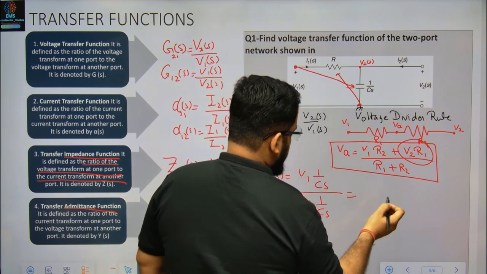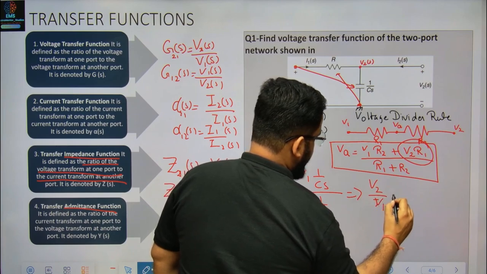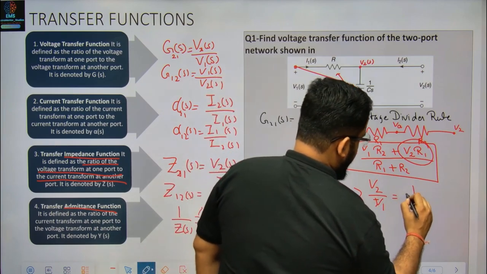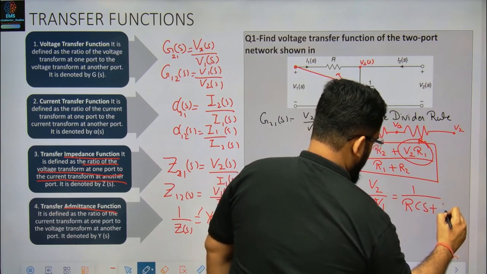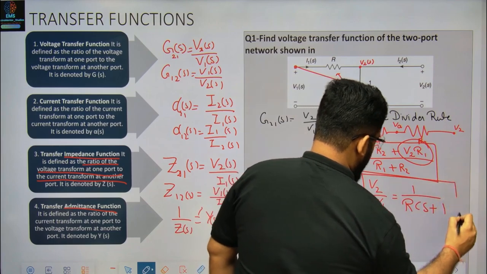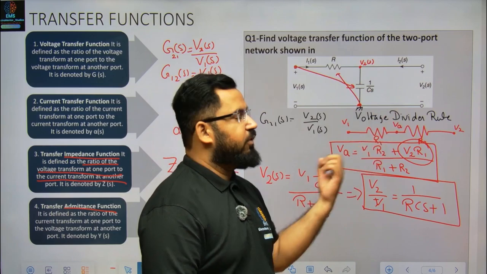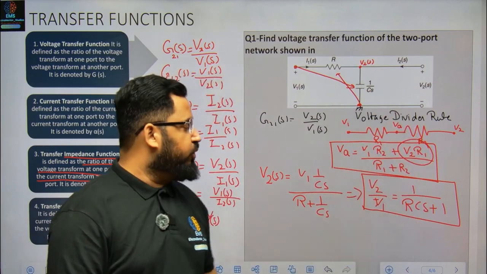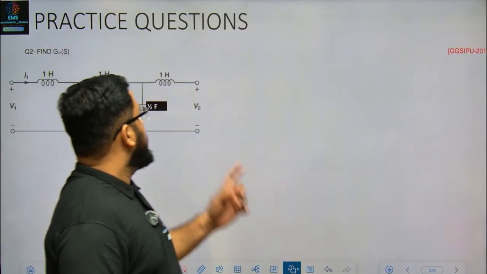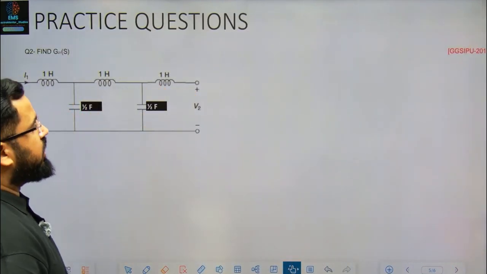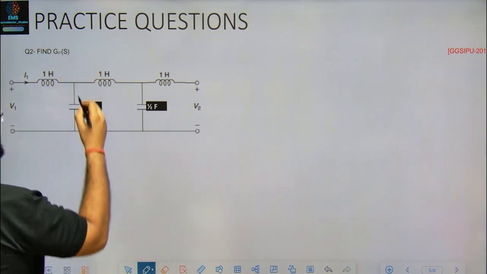Solving this, we get V2 by V1 equal to 1 by (RCs plus 1). This becomes my G21(s). So simply, we used the voltage divider rule and moved ahead. This was a part of your question in 2015, where we needed to find G21(s).